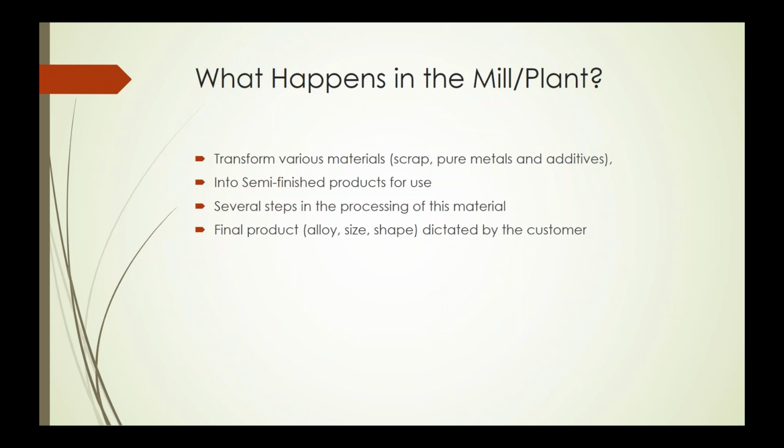And the final product, the alloy, there's over 850 copper alloys, so there's lots of those. The size, the shape are pretty much dictated by an agreement between the customer and the producer. Usually written down and specified by an ASTM specification.